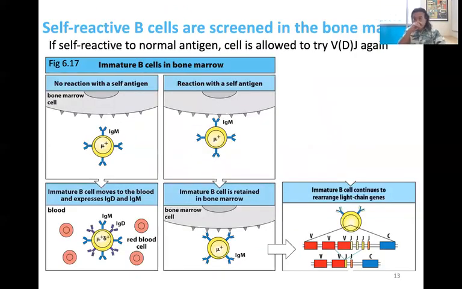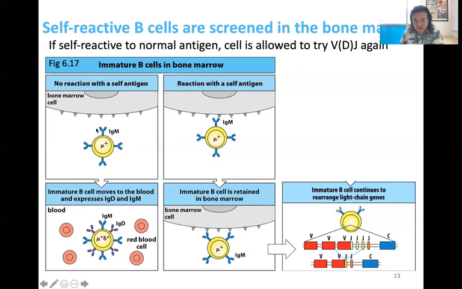All right. So then how does this B cell, since we were talking about B cells today, go through this final kind of evaluation as to whether or not it's going to be causing trouble if it's allowed to go into the body? So when it's still in the bone marrow before it's released, here you have your immature B cell that successfully made its IgM, right?